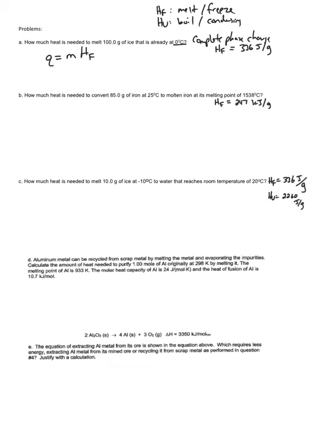We literally just have M times HF. All we have to do is multiply the mass of the sample by its constant. And that's it. So it takes 33,600 joules of energy to melt it.